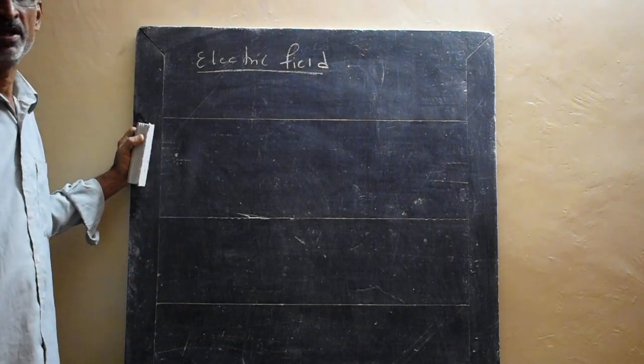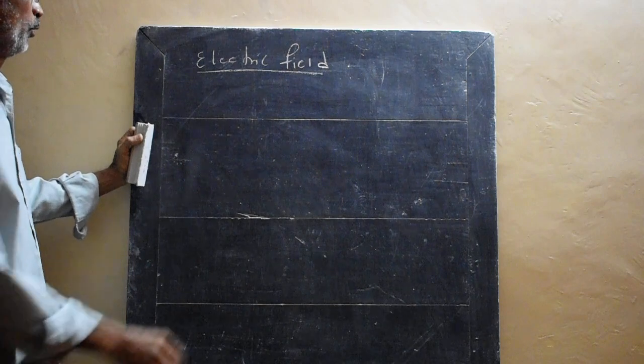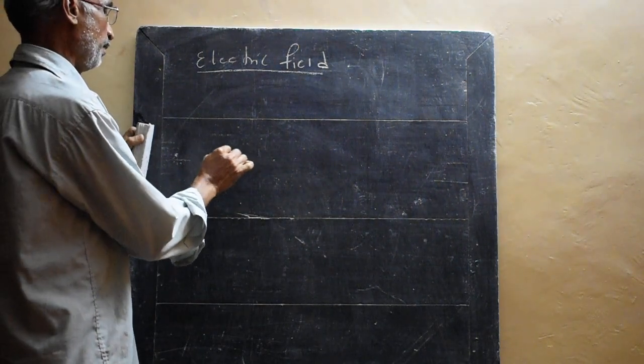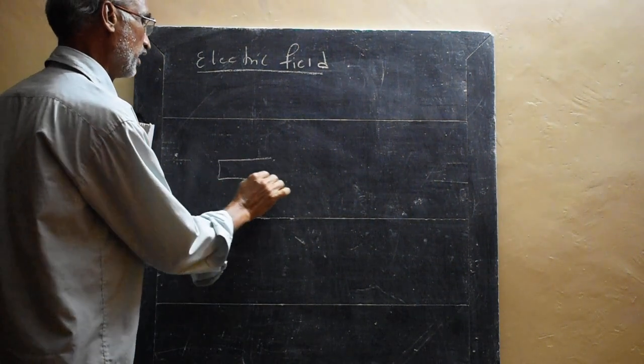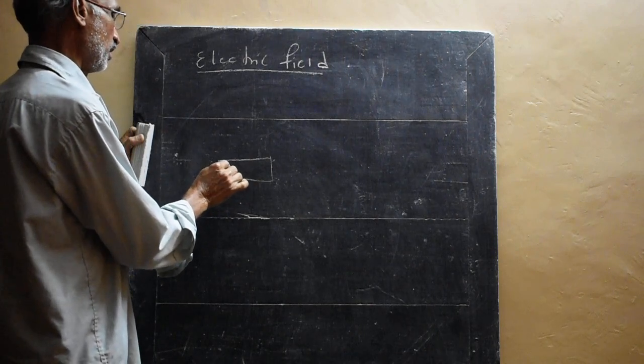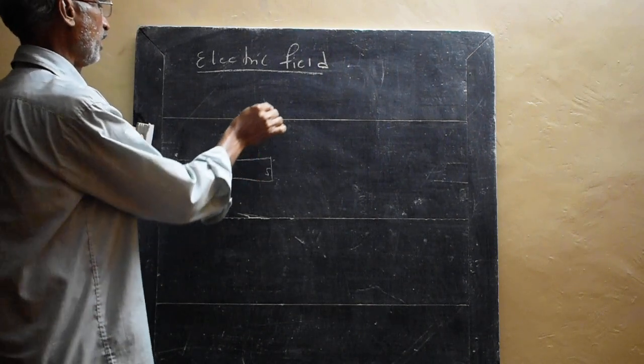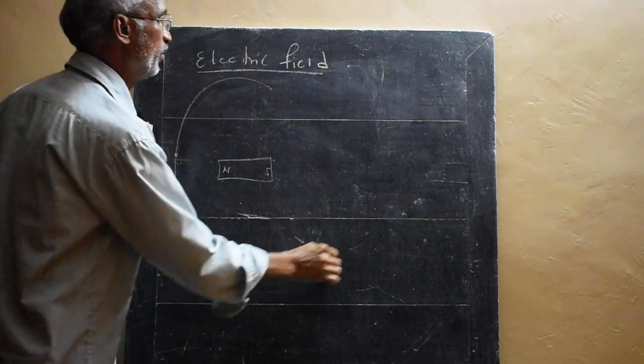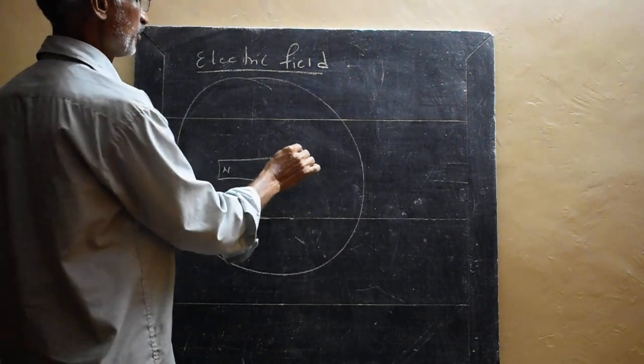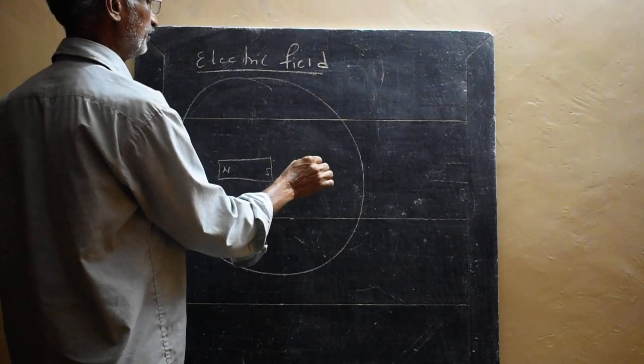It is a common experience that when a magnet is placed in space, there is a field around the magnet. That field is called the magnetic field.